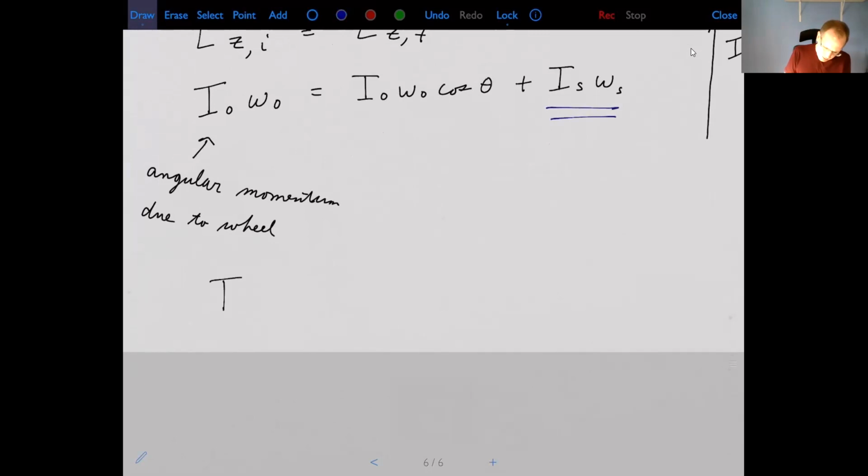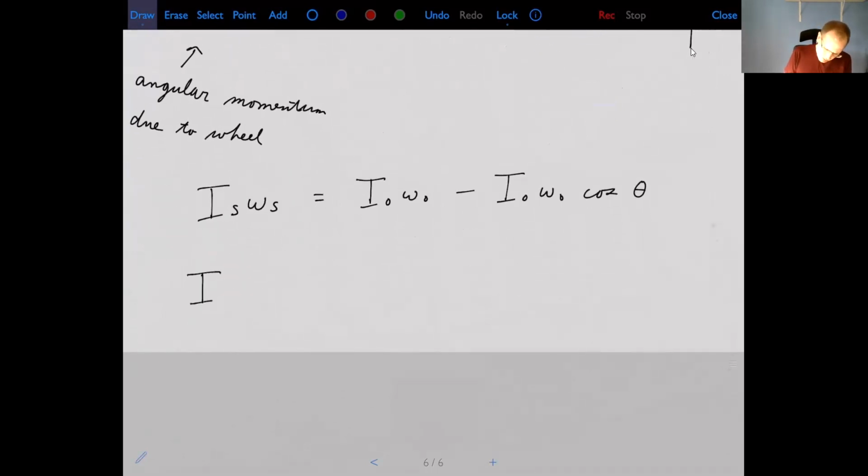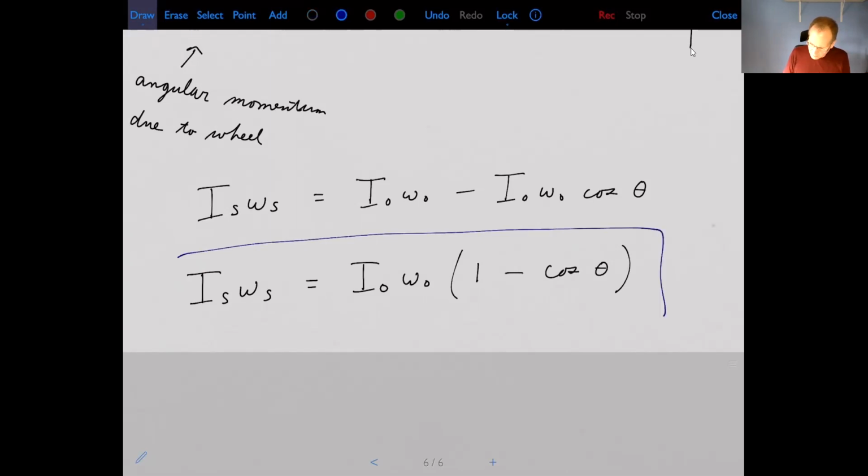I'm just subtracting I naught omega naught cosine theta from both sides. So the angular momentum of the student in chair equals, factoring out the angular momentum of the wheel, I naught omega naught times 1 minus cosine of theta. This is a key important equation here.